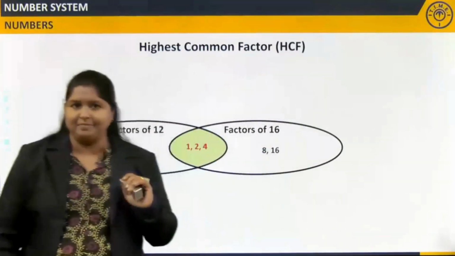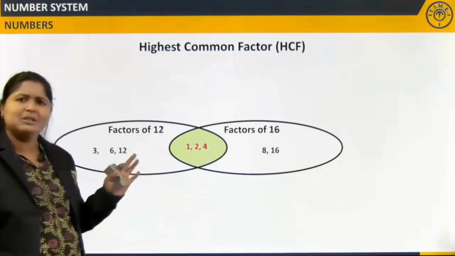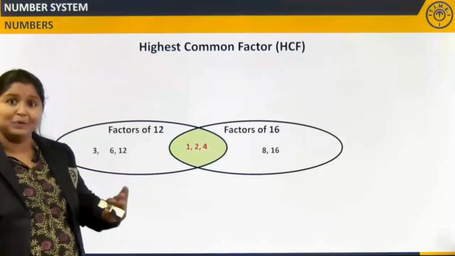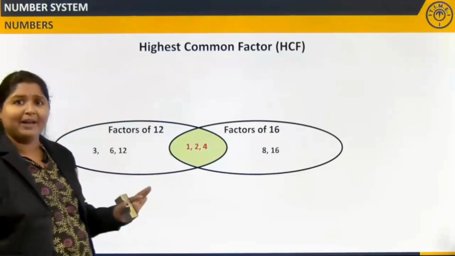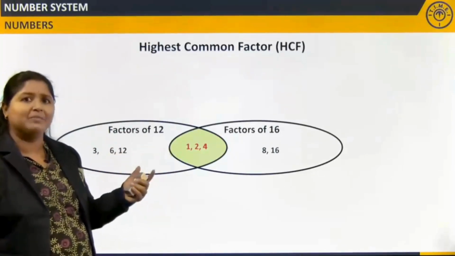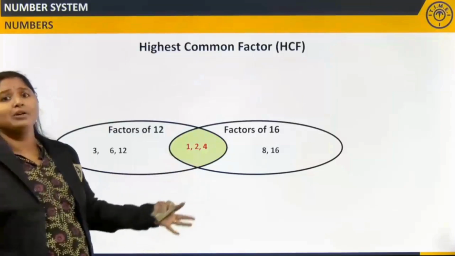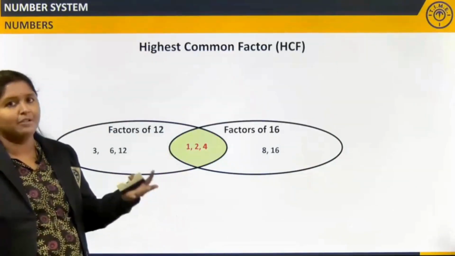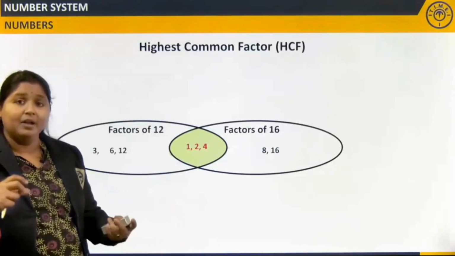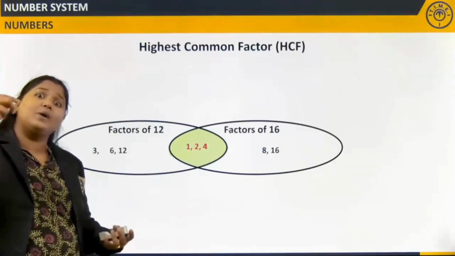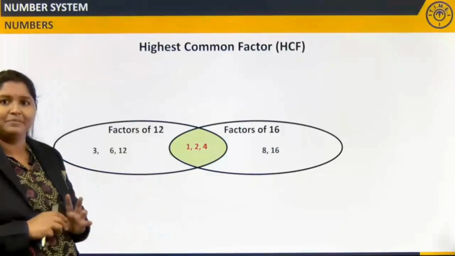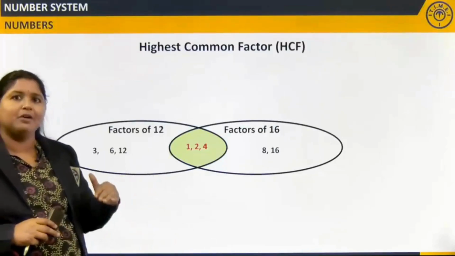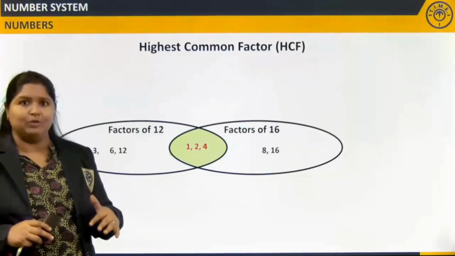Highest common factor. When you are given two numbers, sometimes more than two also, you have to find the highest common factor. It means whatever is common among the three numbers, the factors which are common for all the three numbers or 4 numbers or 5 numbers or whatever, of that, the highest one is the highest common factor, right? So I hope the concept of HCF is clear now.